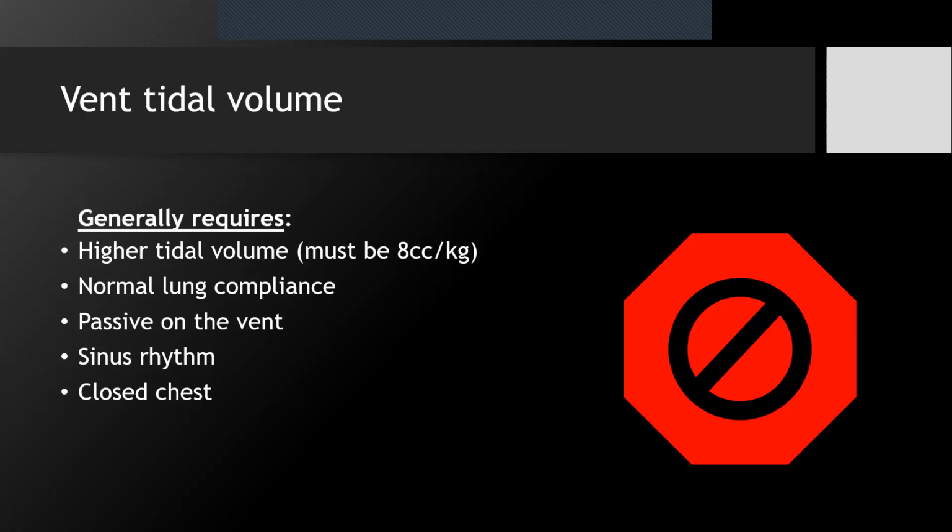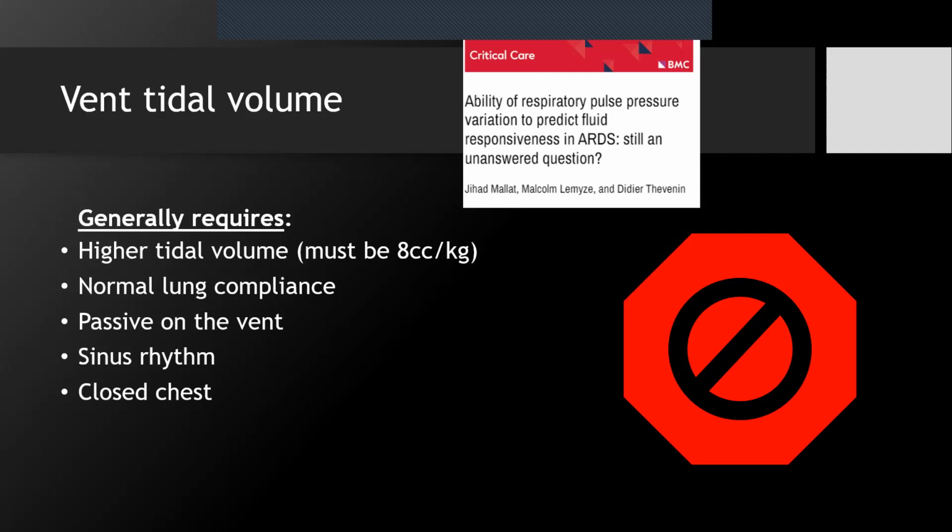Basically, you have two things that are moving dyssynchronously at the same time. And maybe more relevant for Blake Gate, you have to have a closed chest, or else again, the pressures aren't transmitting. So these are a lot of limitations in using the vent and the tidal volume as your method of simulating a change in preload.